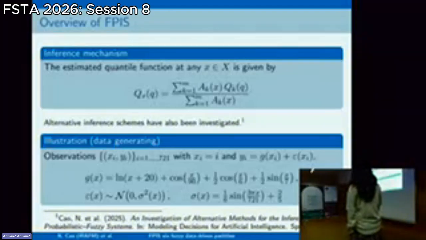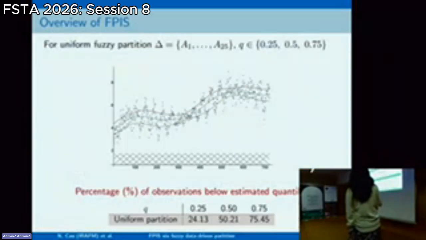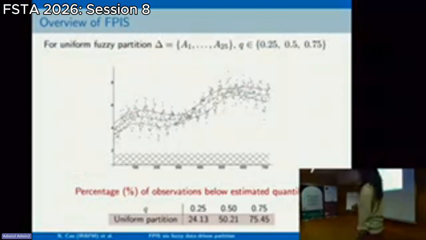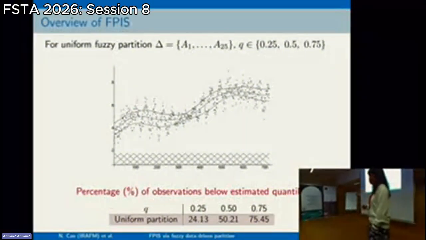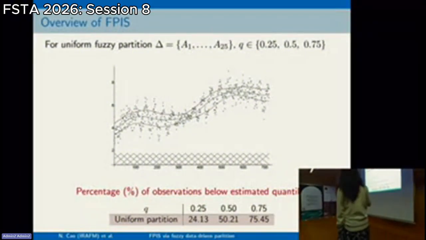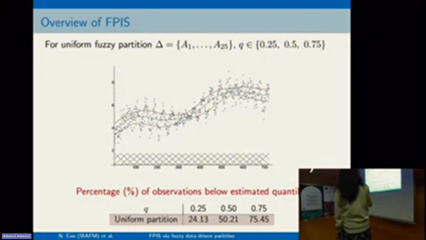Okay, and this is just an illustration of the performance of the fuzzy probabilistic inference system. I take maybe another example than the previous talk, and we can see the quantile regression performed by the inference system nicely splits the data.